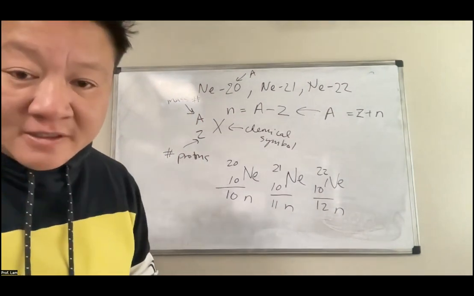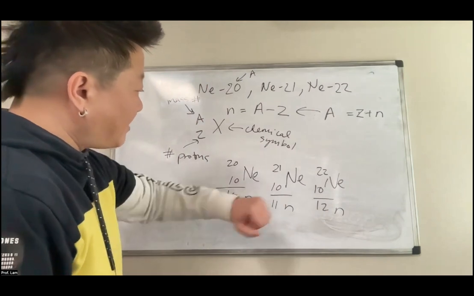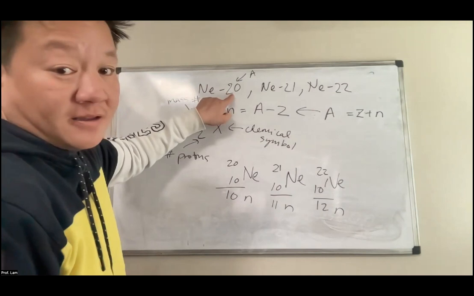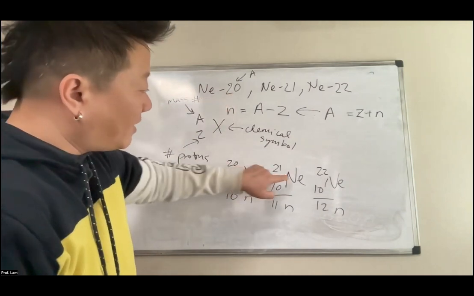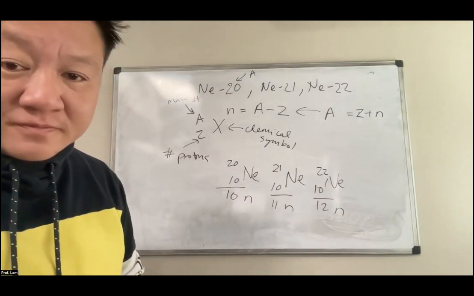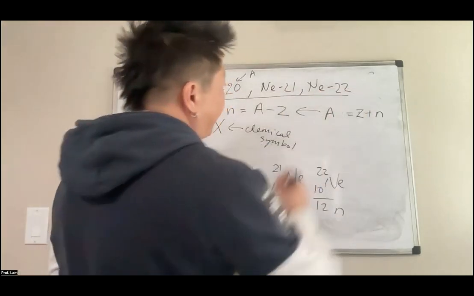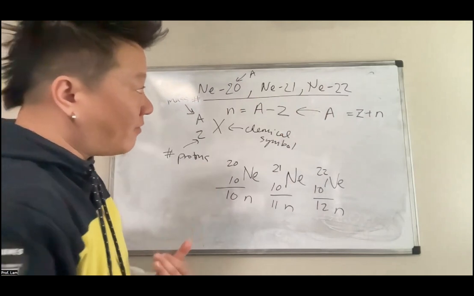Okay. And the way you read these three isotopes, you just read the symbol and the mass number. So this is neon-20, neon-21, and neon-22. Okay. And this is another way to write isotopes, right? So here, it doesn't give you the number of protons, but you can figure it out, right?